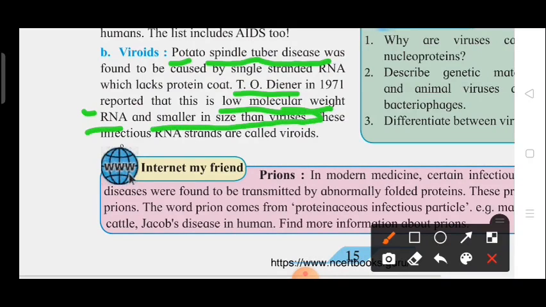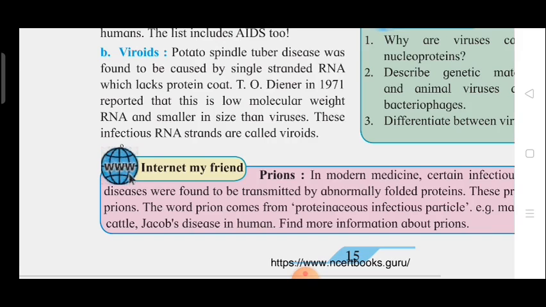These infectious RNA strands are called viroids. Only the RNA strand is there, the protein coat is not present, and this RNA has very low molecular weight and smaller size than viruses. This infectious RNA is called a viroid.